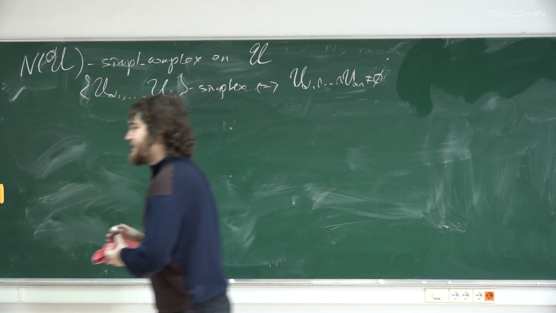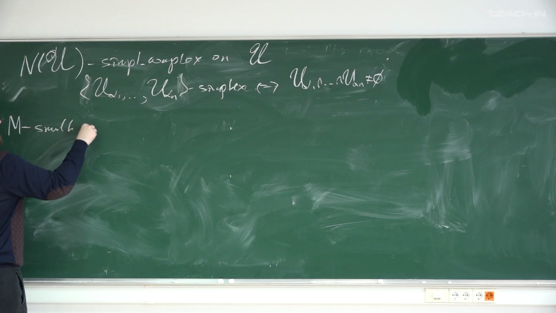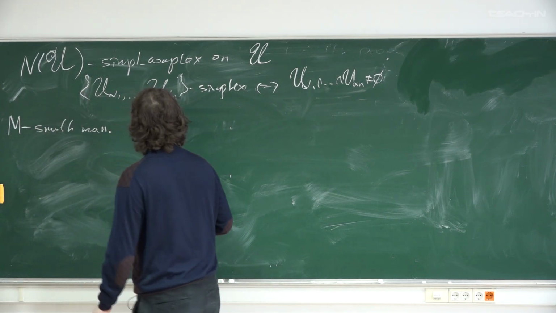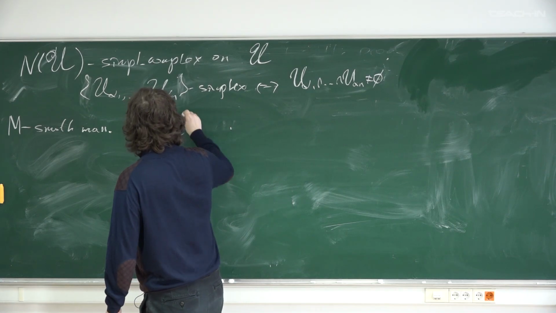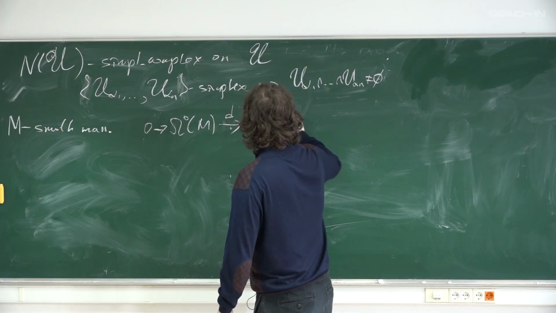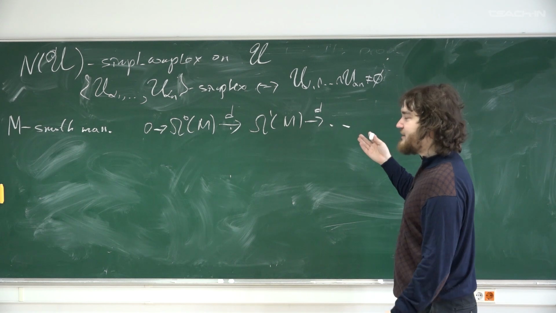Now I want to define this. Let M be a smooth manifold. We also have the de Rham cochain complex with the de Rham differential, and its cohomology is the de Rham cohomology.